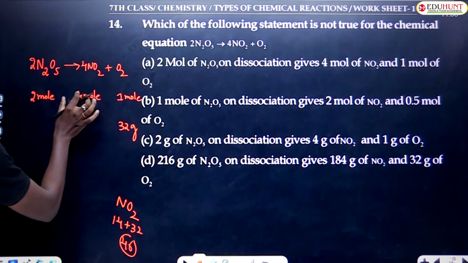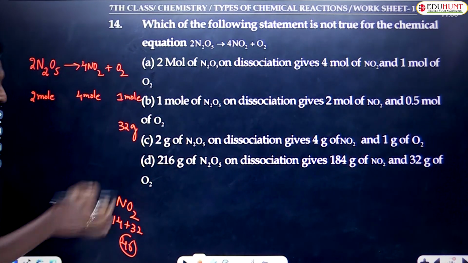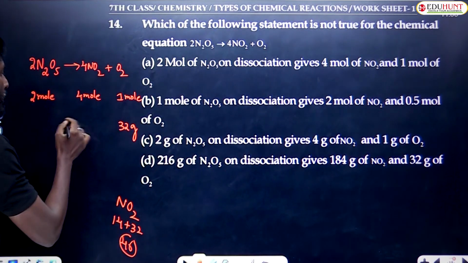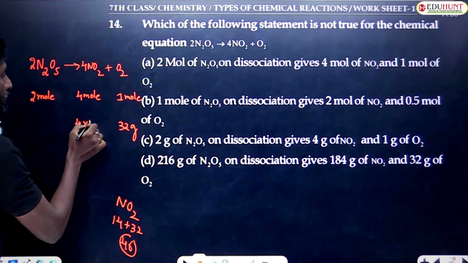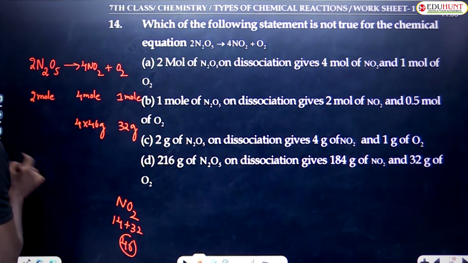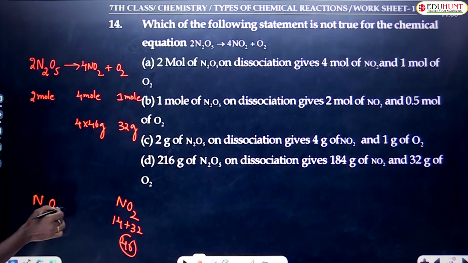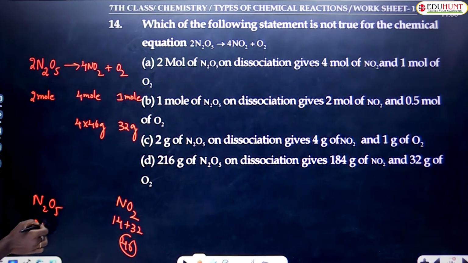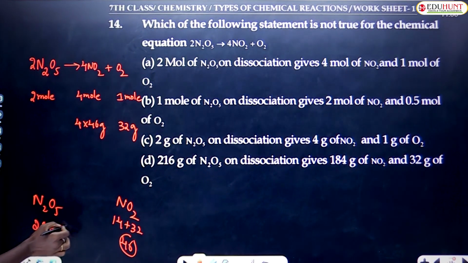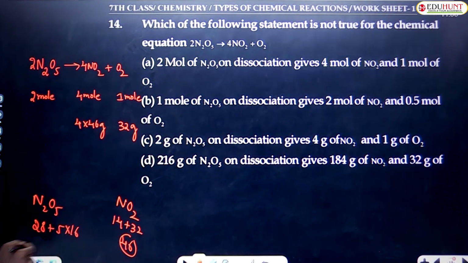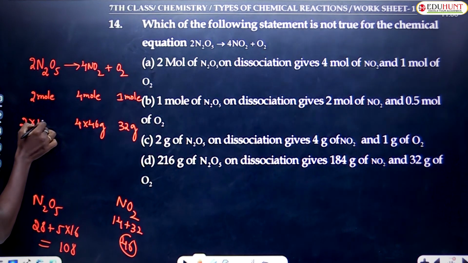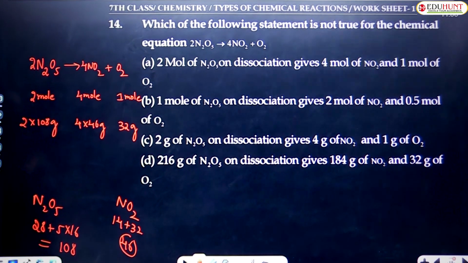So the molar mass of NO2 is 46, 4 into 46 grams. Similarly, the molar mass of N2O5 is 2 into 14, 28, plus 5 into 16, 80. So 80 plus 28, it will be 108. So 2 into 108 grams. So that is the point.